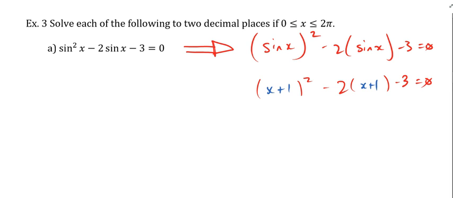Those are the trickier ones. We do them in grade 10, but they're the trickier ones. You could put anything in those brackets. We happen to have a sine of x in there, but it's the same thing as x squared minus 2x minus 3 equals 0. Somebody remind the class how we solve quadratic equations.